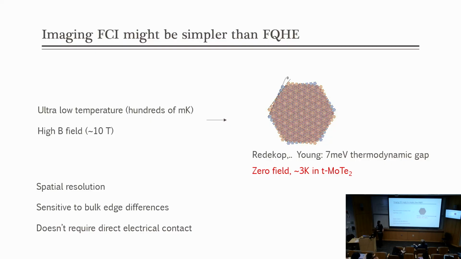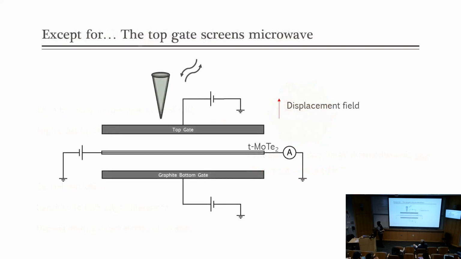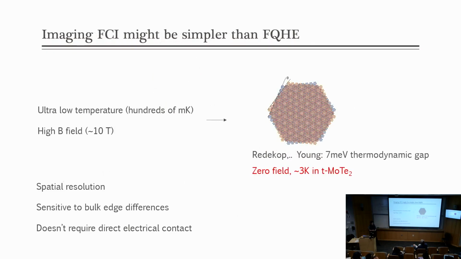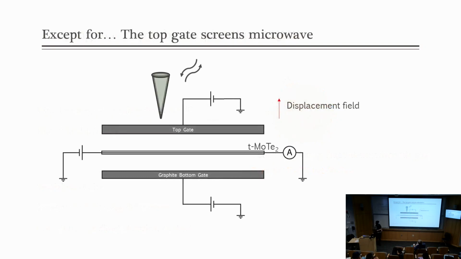And recently, I think Xiaodong's group measured the thermal excitation gap of this material, and the 2/3 gap is around 20 Kelvin. So that all made it much easier, technically, to see the edge state. But of course, we have this advantage of using microwave to measure the edge state. We have the spatial resolution, sensitivity to bulk edge differences, and it doesn't require direct electrical contact, which is good.